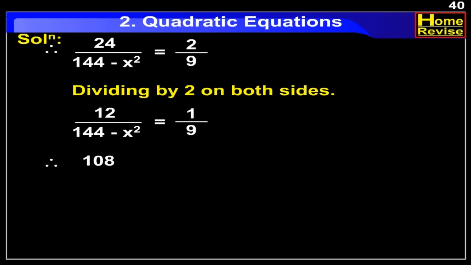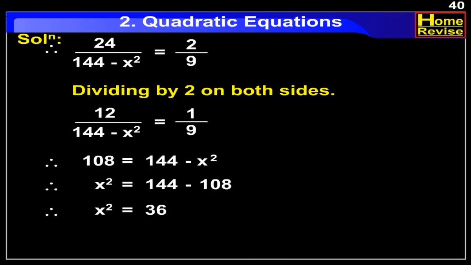Therefore, 108 is equal to 144 minus x square. Therefore, x square is equal to 144 minus 108. Therefore, x square is equal to 36.